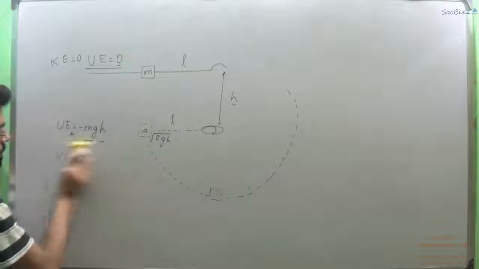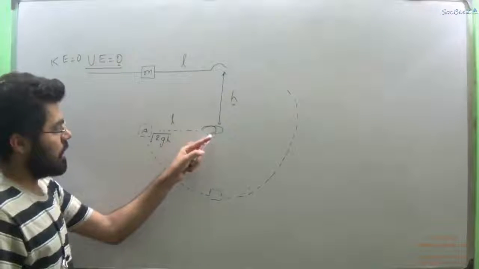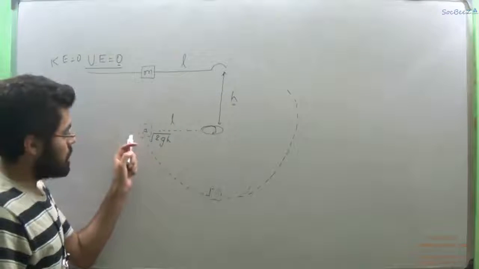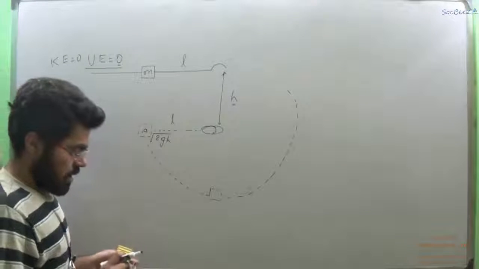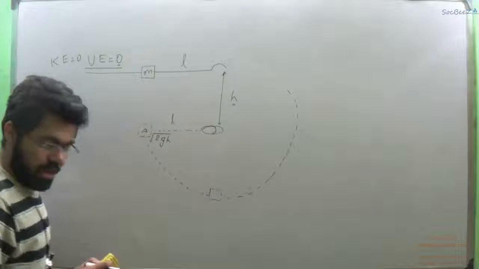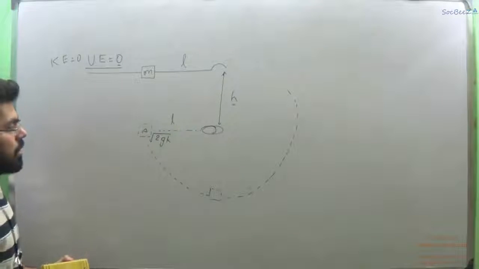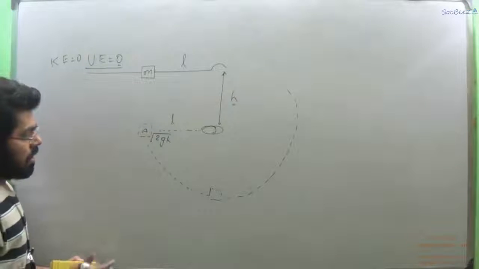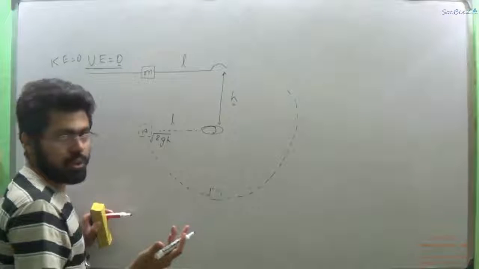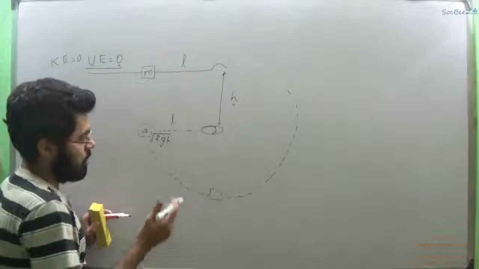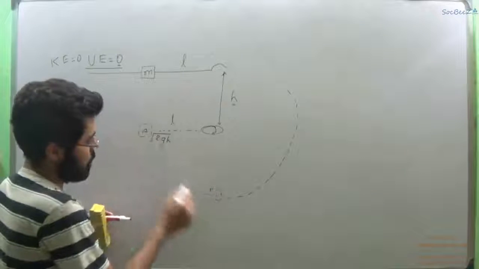So what will happen? At this point, since the other end has been moved up here, it will start moving in a circular track. Now, when it is trying to move in a circular track, it will keep on moving at least up to this point, that is for sure, under the effect of gravity.